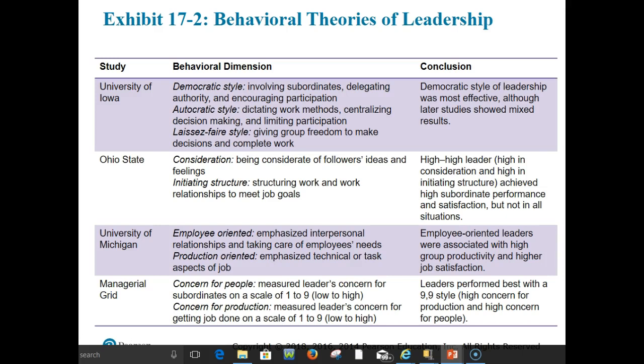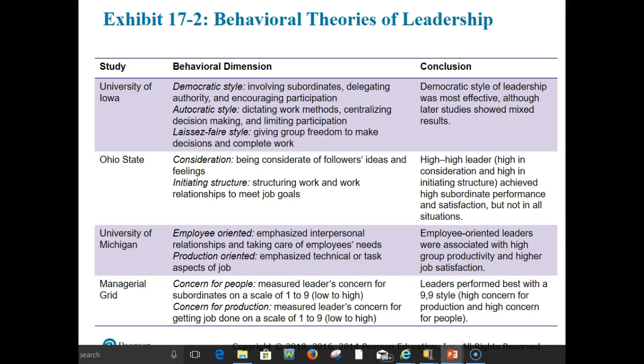Now, in Ohio State, the dimensions were consideration, being considerate of followers' ideas and feelings, and the initiating structure, which is structuring work and work relationships to meet job goals. And the conclusion on that study was high-high leader, high in consideration and high in initiating structure, achieved high subordinate performance and satisfaction, but not in all situations.